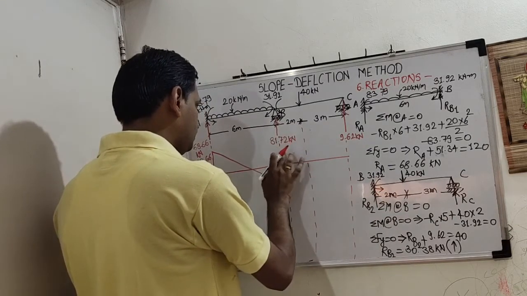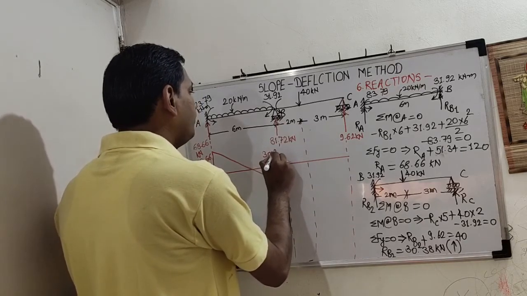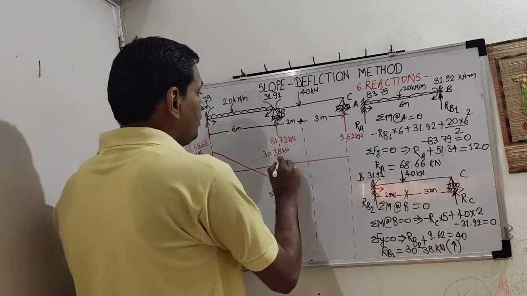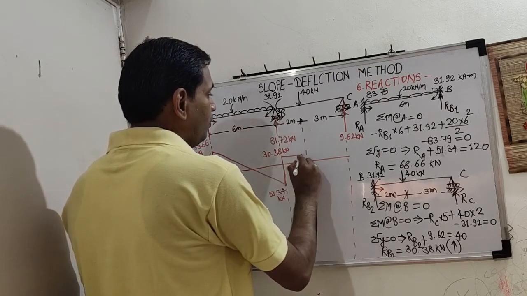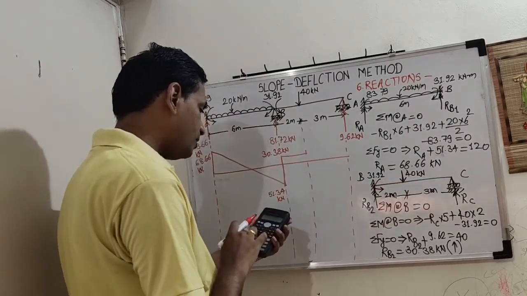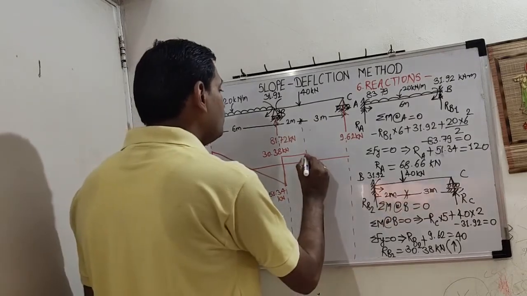So this is the value. It will be the same up to the 40 kilonewton point load. So from this 30.38, now you subtract 40, you will get minus 9.62.